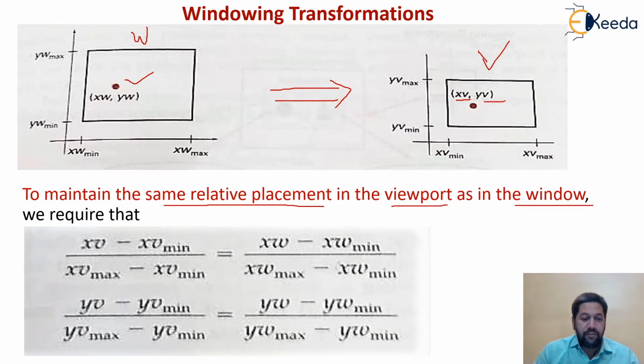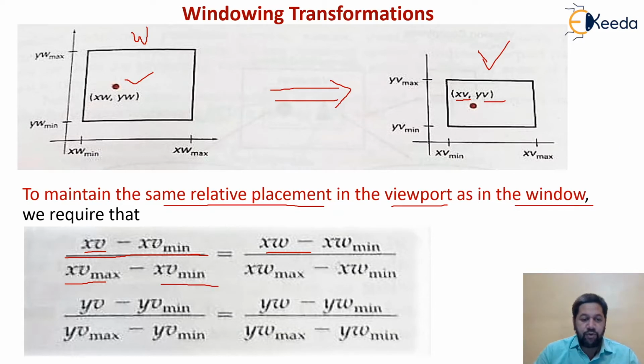How I come to the equation: because I want to convert my xw to xv, I take xv minus xv minimum, divided by xv maximum minus xv minimum.